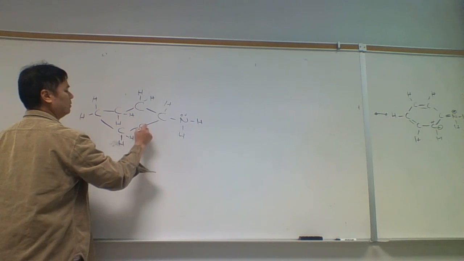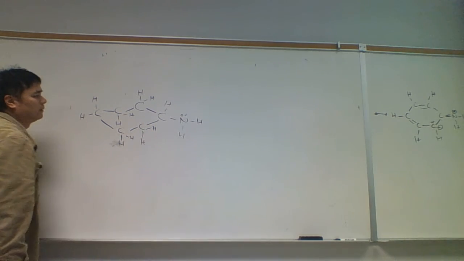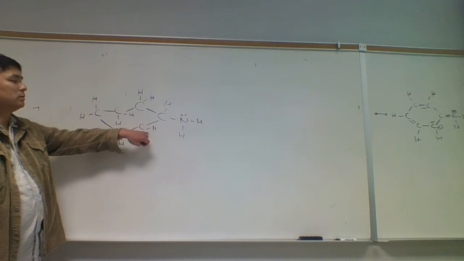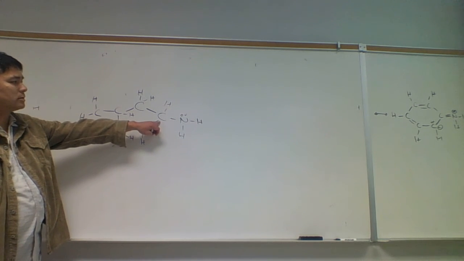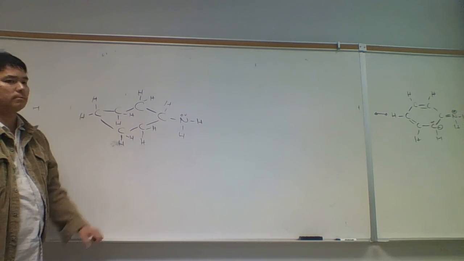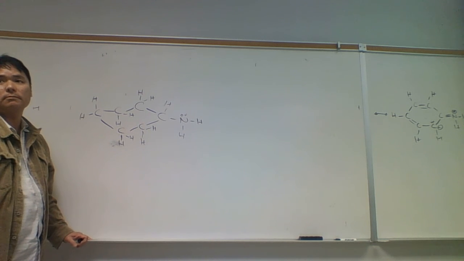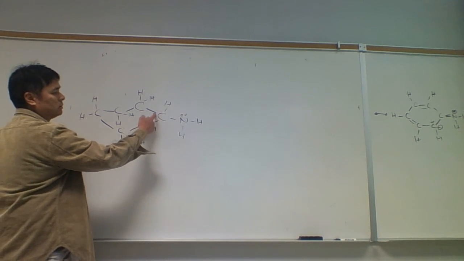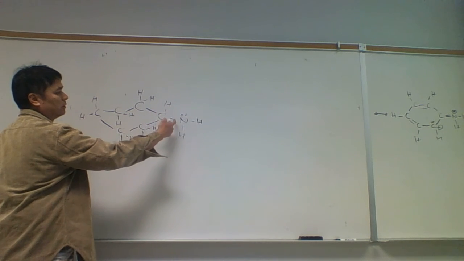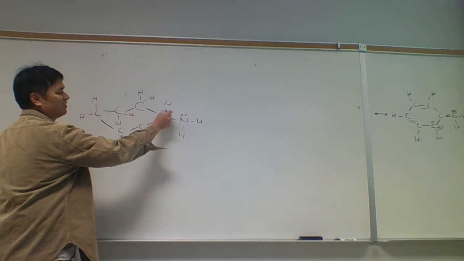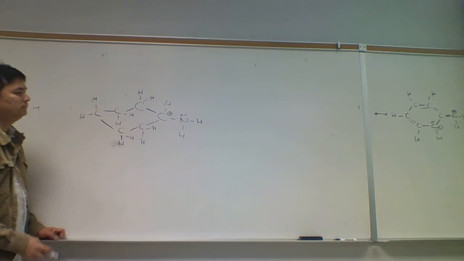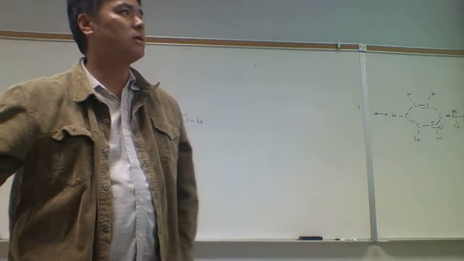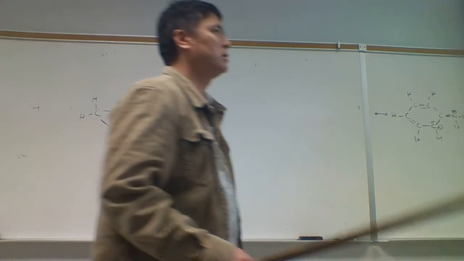Well, anyway, when we look at this carbon, what's the oxidation state on this carbon here? Zero. This is 1, 2, 3, 4, 0. Versus the carbon on aniline, we had it as +1, but there's going to be a huge difference here.